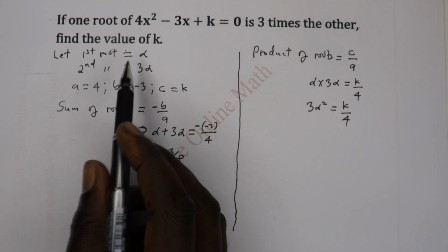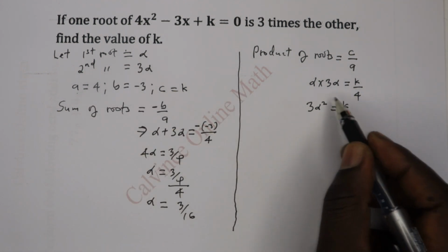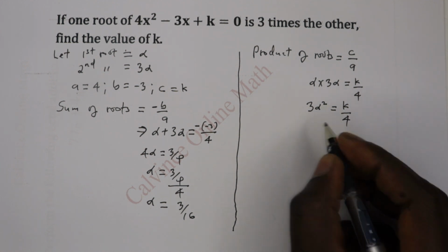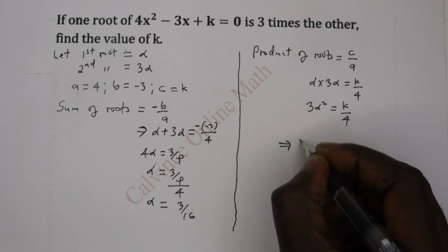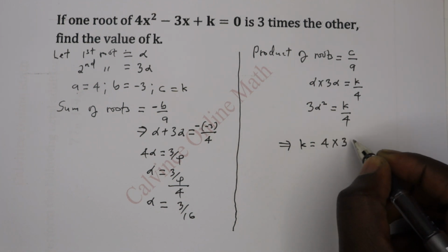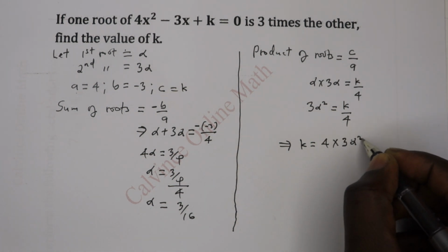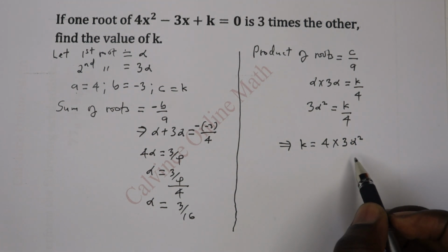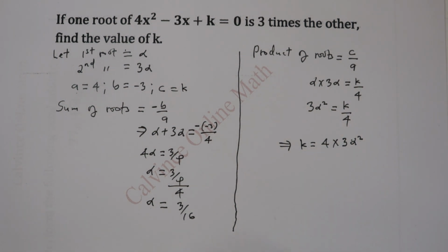Since we are looking for the value of k, we can make k the subject of the formula here. According to this, k will be the same as 4 times 3 alpha squared. But we have the value of alpha as 3 over 16.